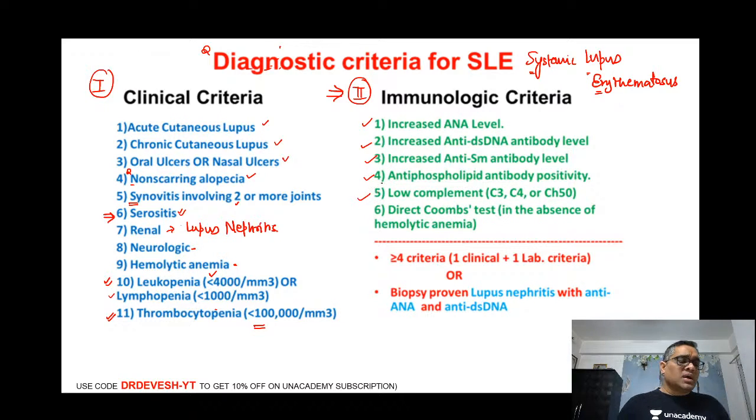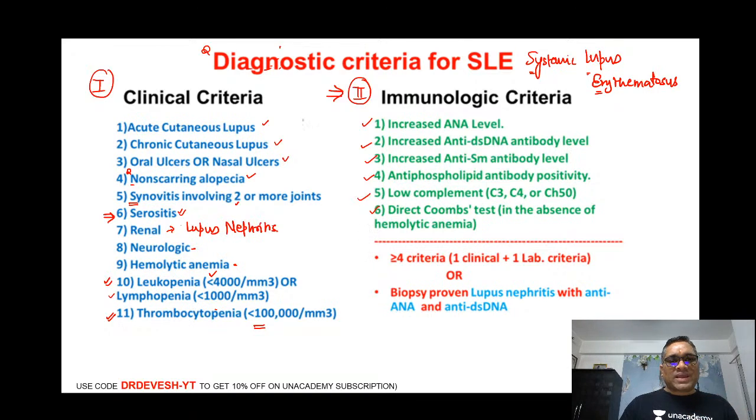Then you will see the complement level will be decreased, right? Low complement will be there in C3, C4, and CH50 is the complement test that we do, and the direct Coombs test, because they will be having antibodies, right?